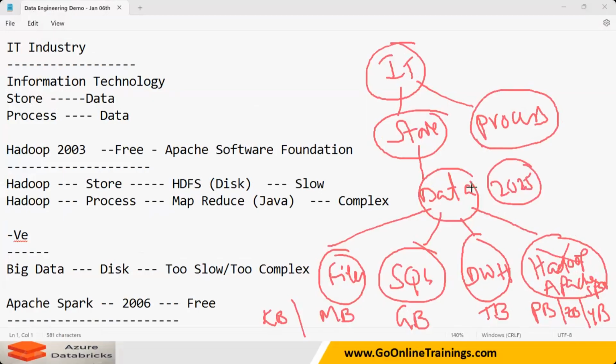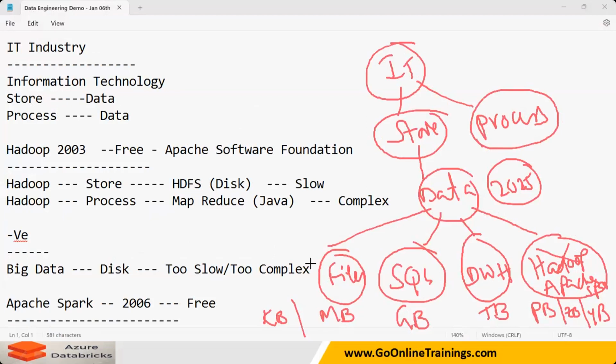So the IT industry has only four technologies to store the data: either files, or your data may be in SQL called RDBMS, or in data warehousing, or if you have a bigger amount of data, you are going to be storing it in Hadoop or Apache Spark.